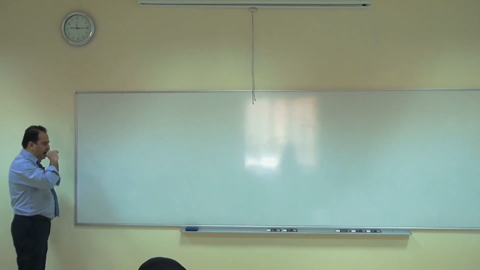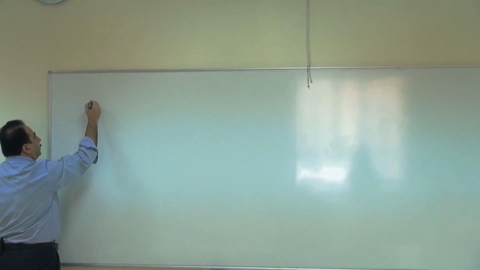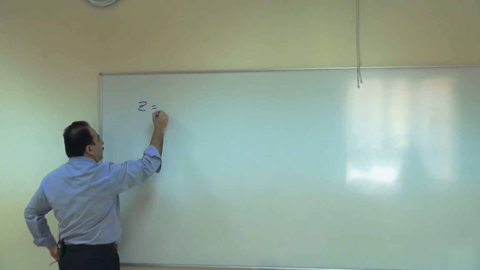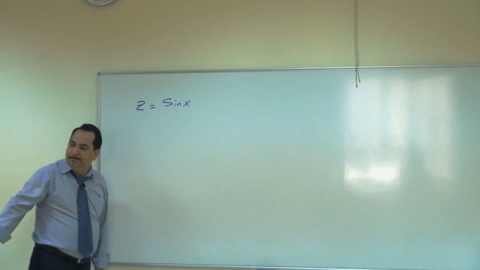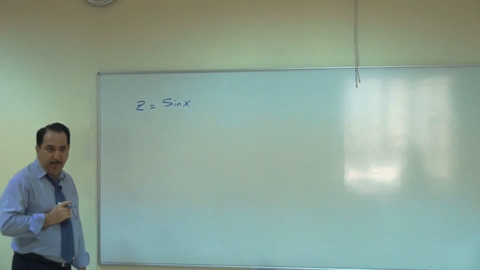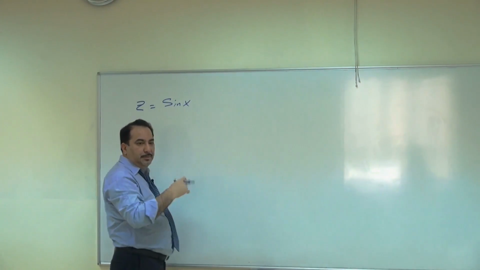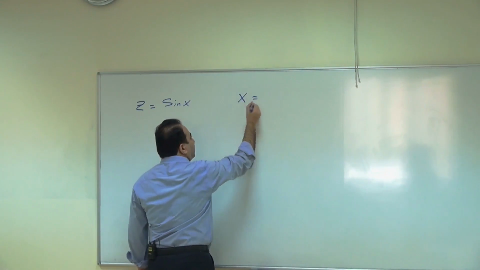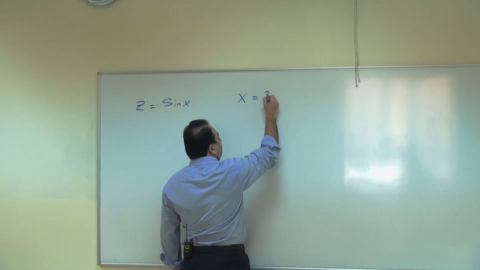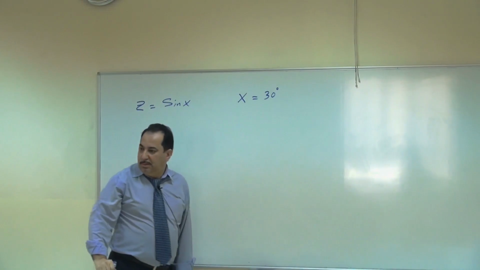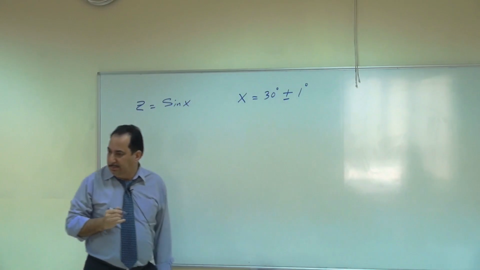Now, suppose my function is z equals sine x. Okay? This is my function. And the x has a value, which is the angle here. Let's say that x is 30 degrees, but there is an error of plus minus 1 degree in your calculation.